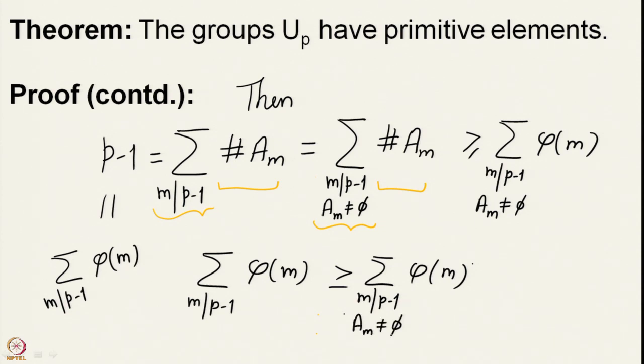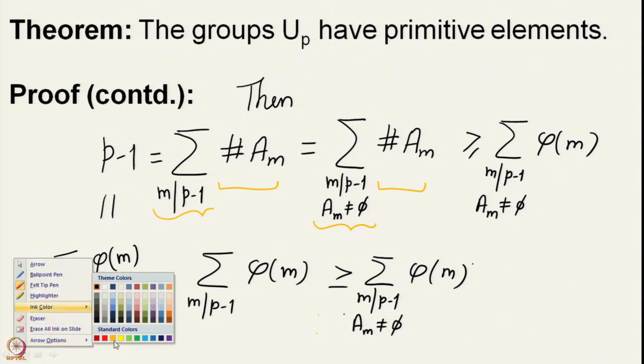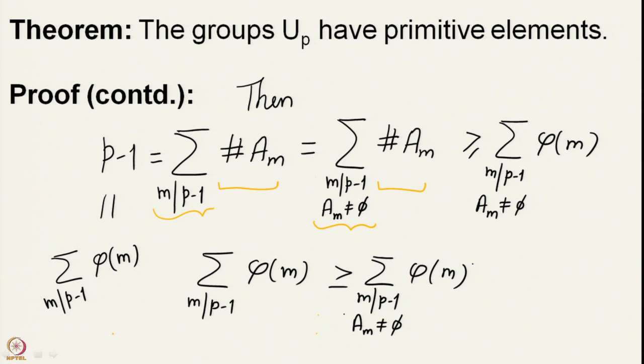We want to say that these two are the same, and therefore that whenever A_m is non-empty, we should get phi(m) and nothing more than that. So, when we have this inequality, if you are not getting exactly phi(m), then some phi(m) should come with more multiplicity.